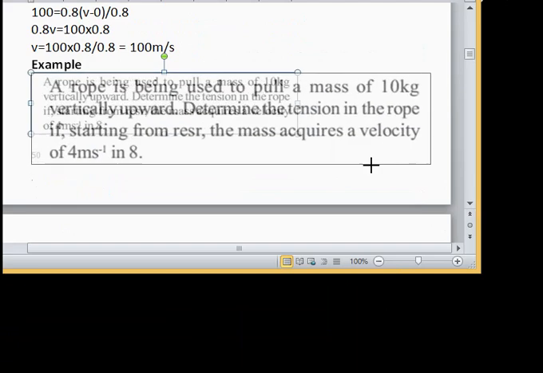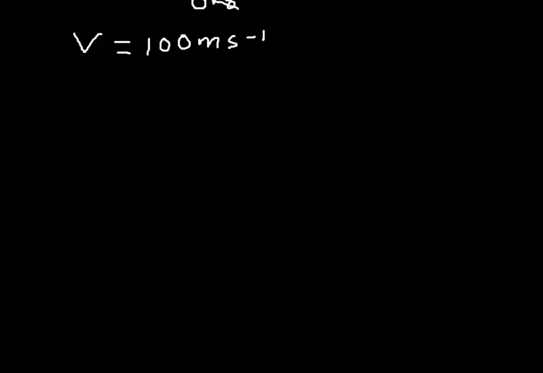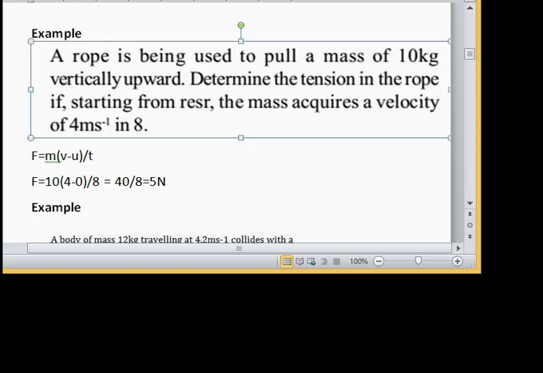Let's look at another question. Let me also increase that. This one goes like this: a rope is being used to pull a mass of 10 kg vertically upward. So the mass is 10 kg and it's going vertically upward.